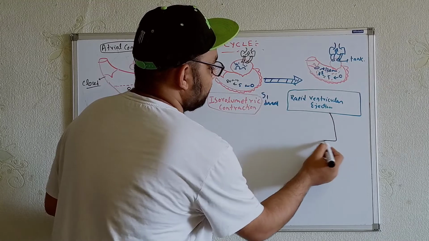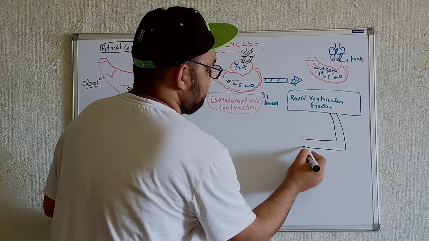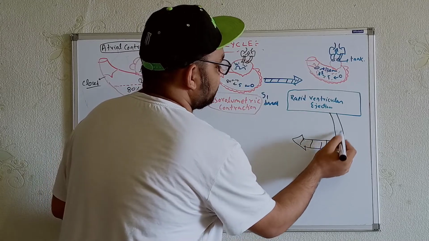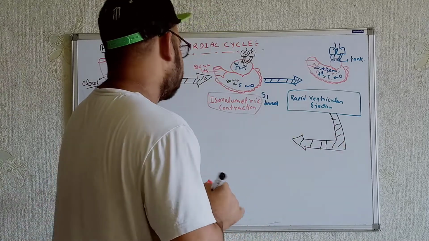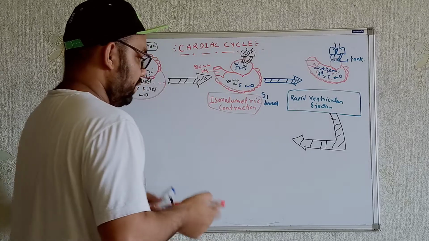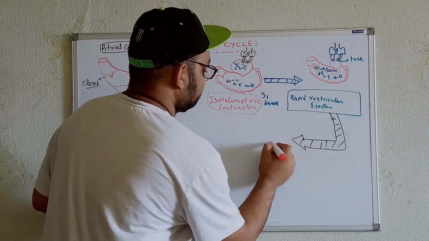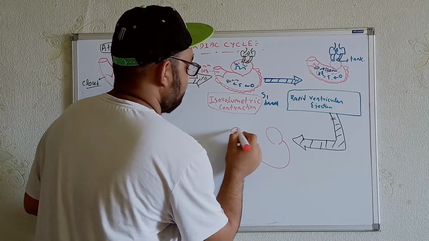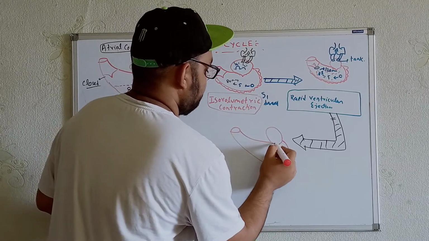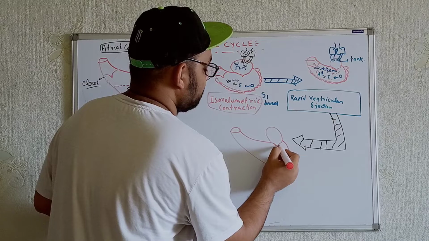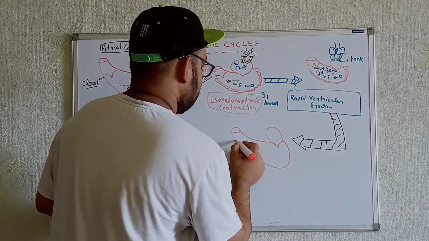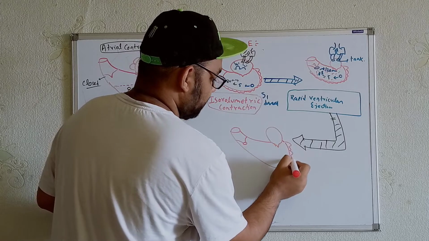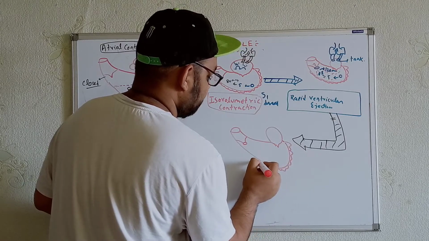Let's try to understand from here what we will see in the next page. Now let's draw the same thing over here. Still this one is closed, and it is opened. Now the ventricle keeps on squeezing or contracting.